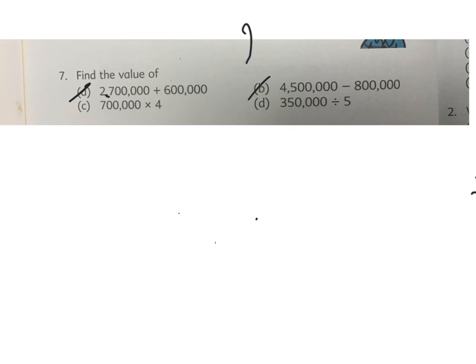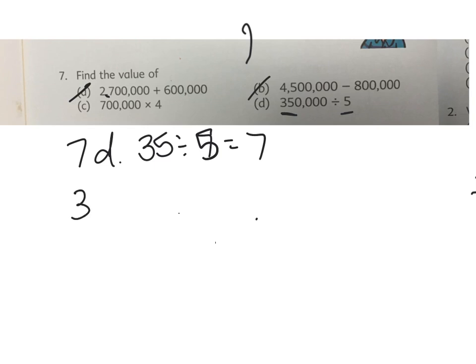Now let's look at 7D. I want you to think of this as 35 divided by 5, which is 7. Now let's look at 350,000, which is the same as 35 ten thousands.